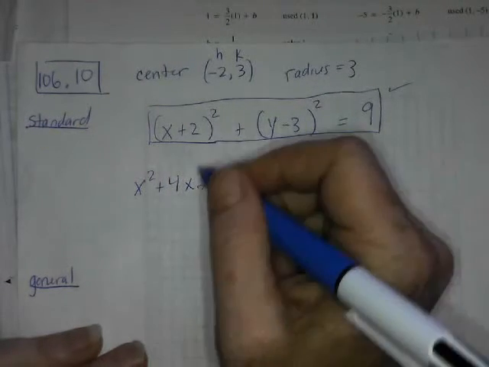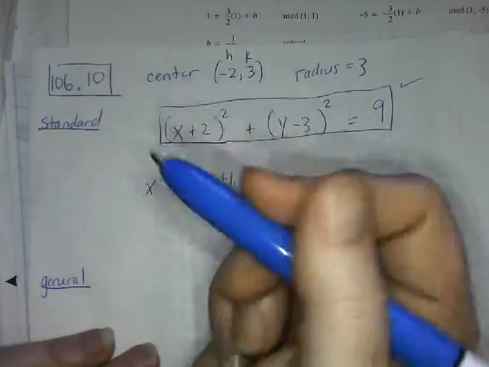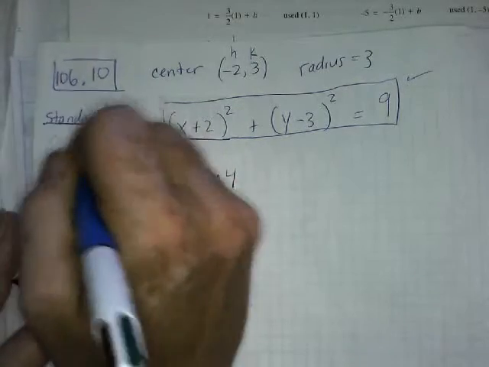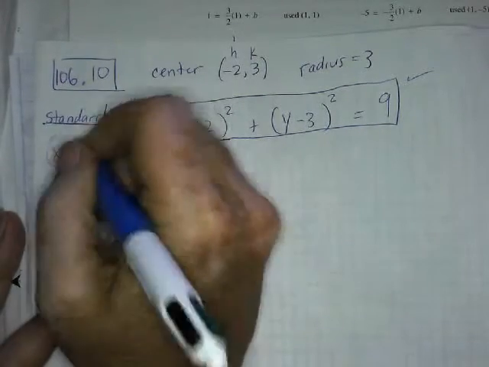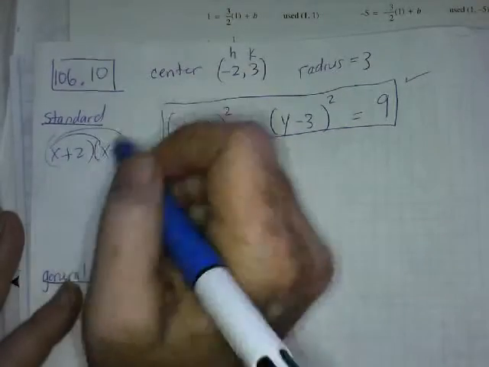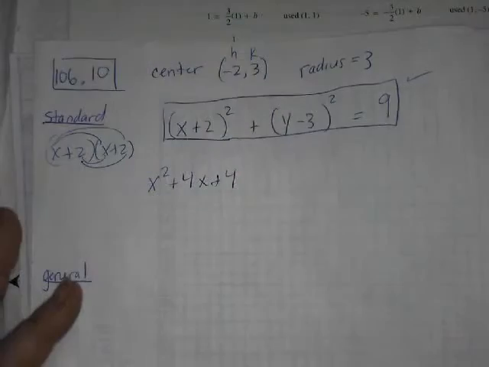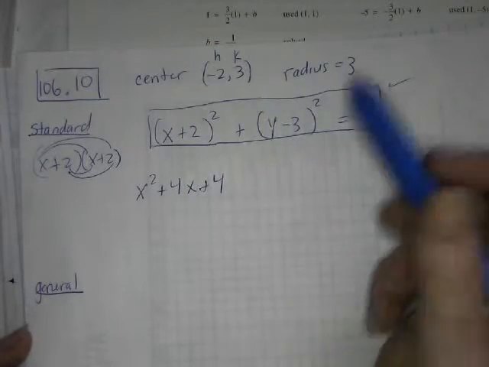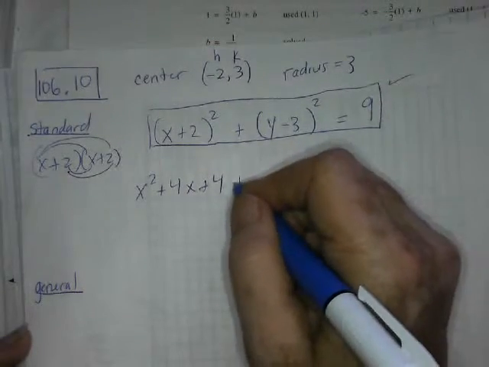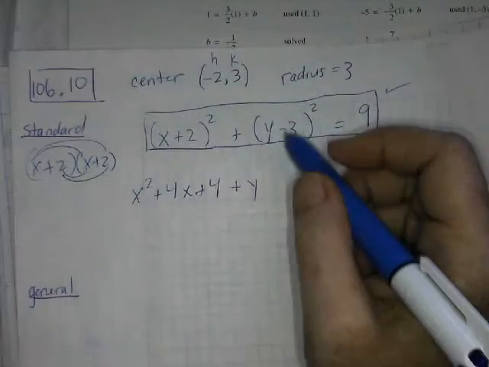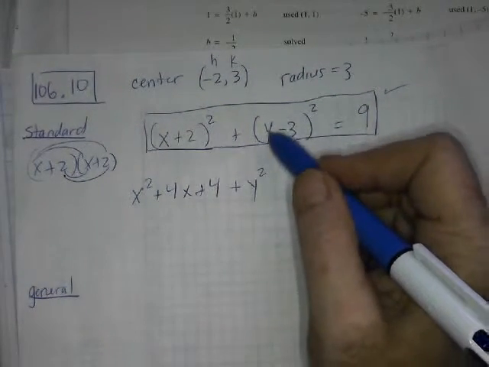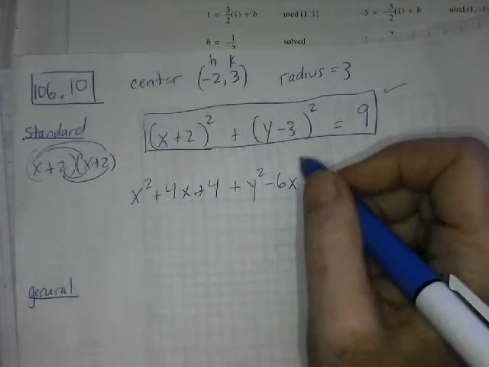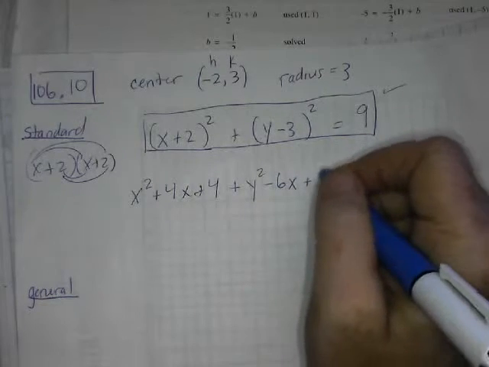If you want to actually write it out, you might have to FOIL it out, that times that, that times that, you have to multiply it out. I'm using a pattern, so I'm not showing steps. You take the first thing, square it, then the first times the second times 2, and then the last thing squared.